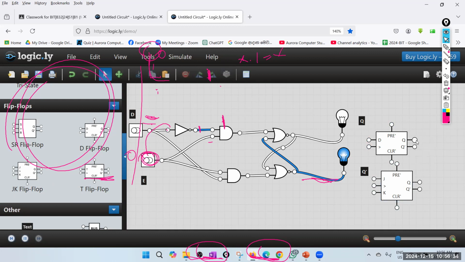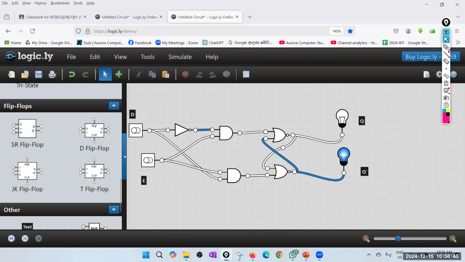So that is a way of making preset or clear. Preset means make Q 1, clear means make Q dash 1, bypassing anything. So that is something you need to understand, because those are standard components of your flip-flops. For example, if you take a D flip-flop, you always have the preset and clear other than your other input and output signals. So preset and clear are two more inputs which can immediately make your Q 1 when you make preset 0.